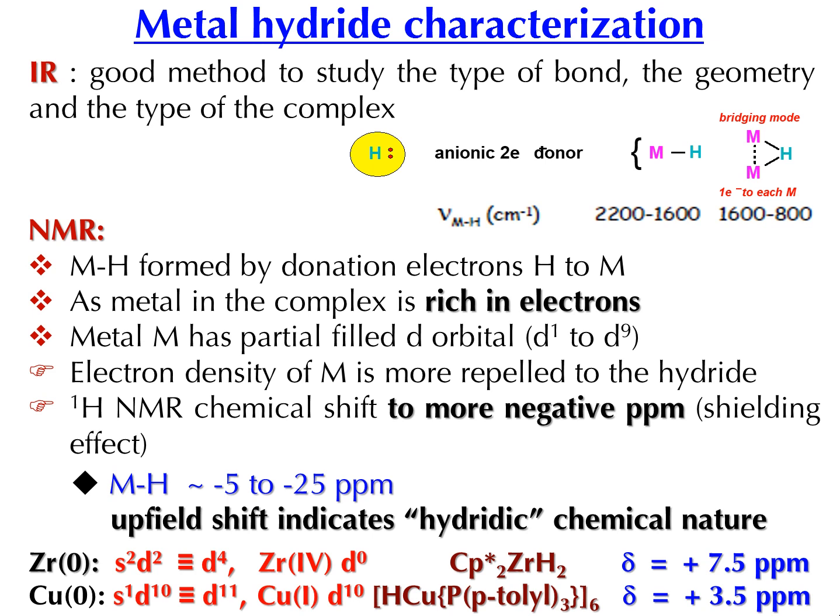In this case, the proton NMR chemical shift for the metal hydride complexes will be in the shielding effect and in the negative ppm, from -5 to about -25 ppm. And this is for the hydrogen of hydridic character.